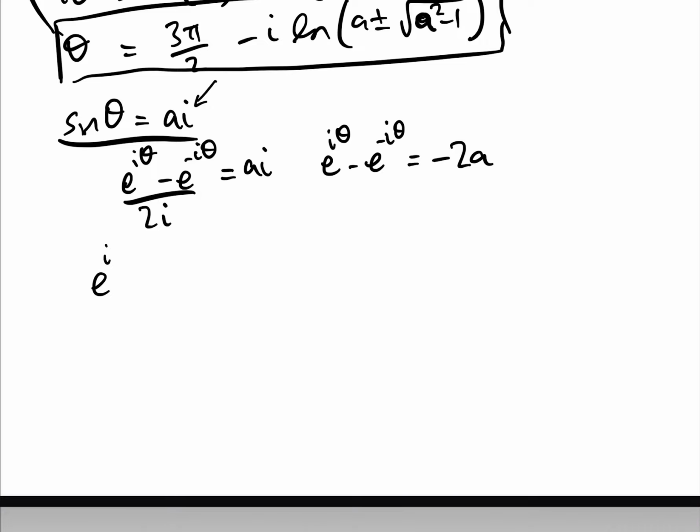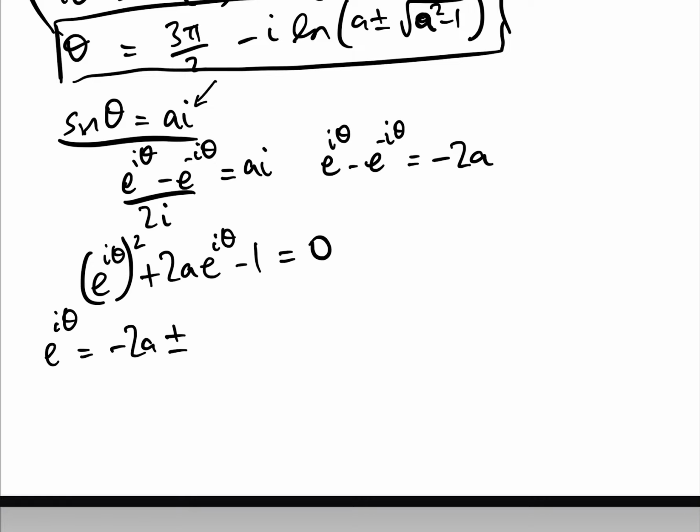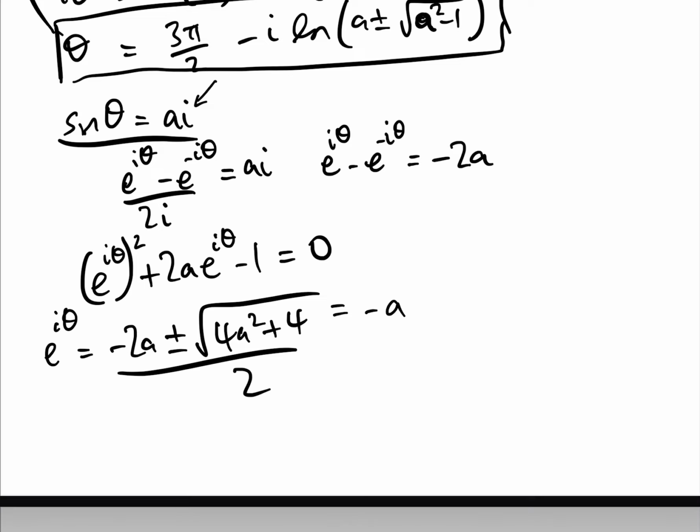And therefore, forming our quadratic, we get (e^(iθ)) squared, add 2a e^(iθ), minus 1 equals 0. Solving this, we get e^(iθ) equals minus 2a plus or minus the square root of 4a squared add 4, over 2, which simplifies to minus a plus or minus the square root of a squared plus 1.